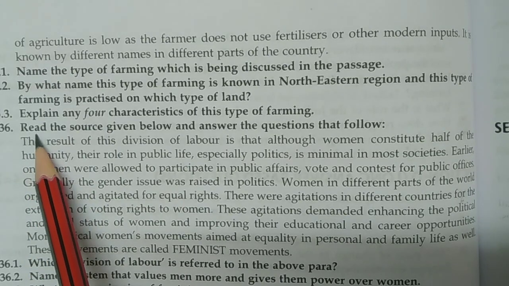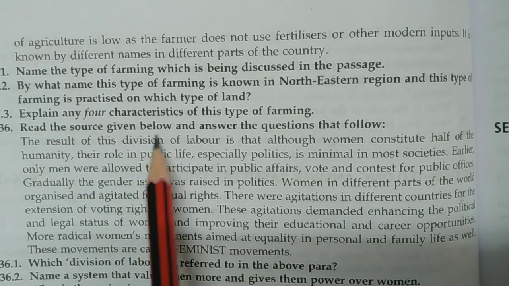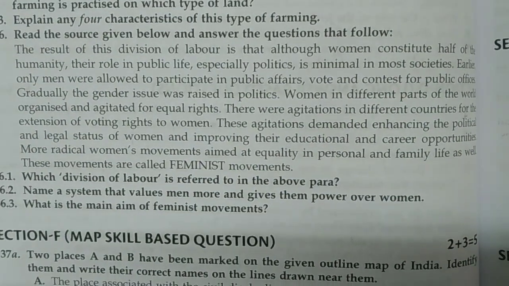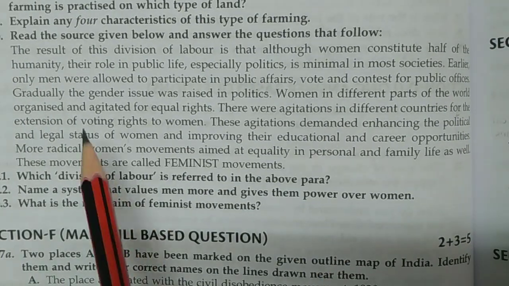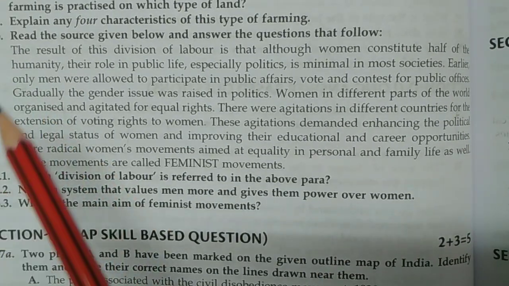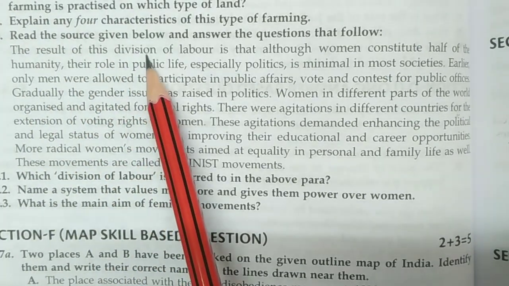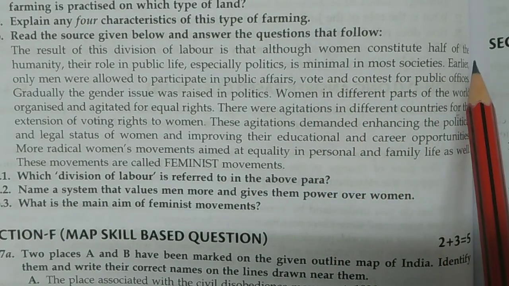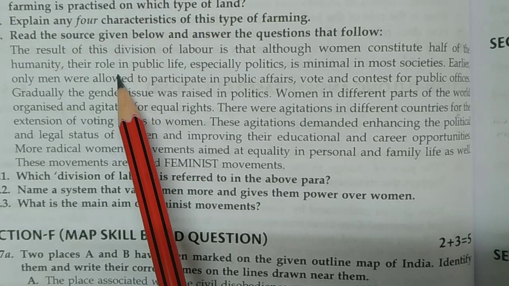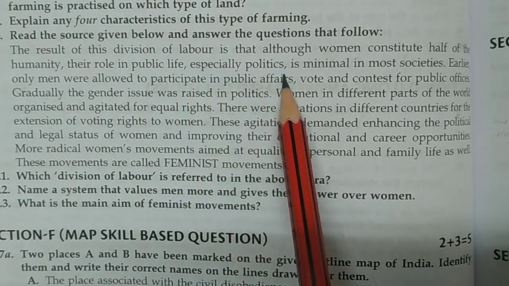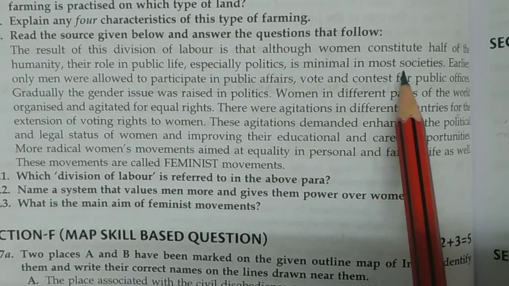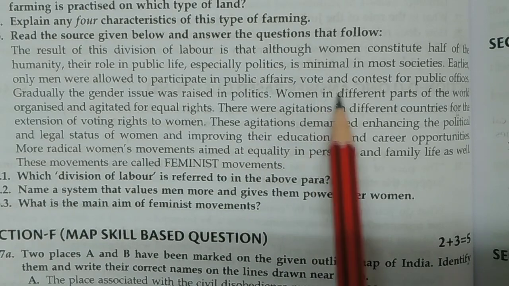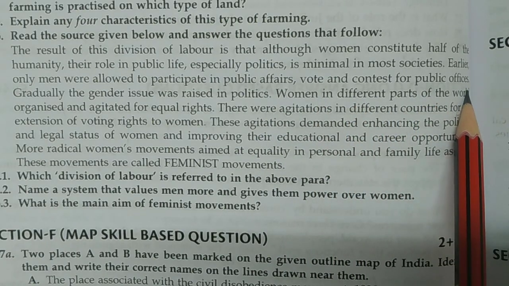Now let's start with question number 36. It's given: Read the source given below and answer the questions that follow. So we can read it easily from here. The result of this division of labor is that although women constitute half of humanity, their role in public life, especially in politics, is minimal in most societies. Earlier, only men were allowed to participate in public affairs, vote and contest for public offices.